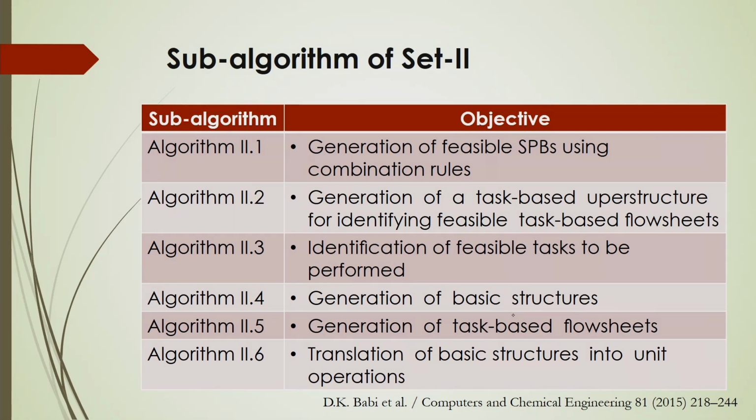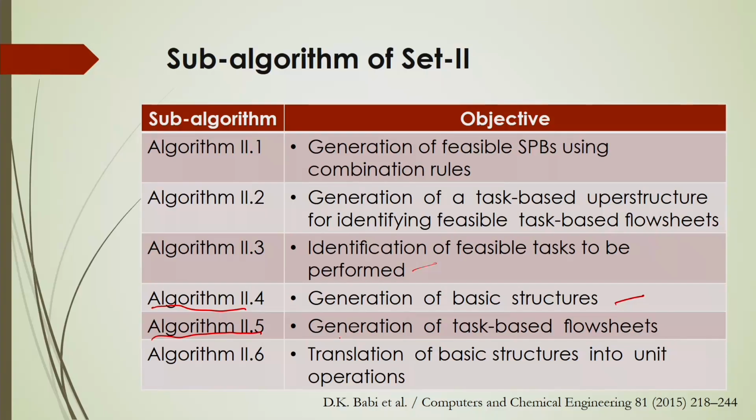For that you use algorithm 2.1, and algorithm 2.2 is the generation of a task-based superstructure for identifying feasible task-based flowsheets. Algorithm 2.3 is the identification of feasible tasks to be performed, and under this sub-algorithm of set 2, the generation of the basic structure is to be considered.